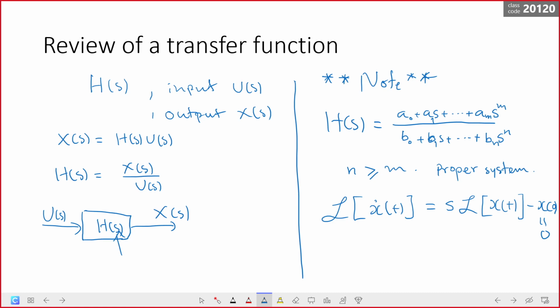So if I have input h of t or h of s, and then you have a transfer function s, then you have h dot of s because they represent a derivative.